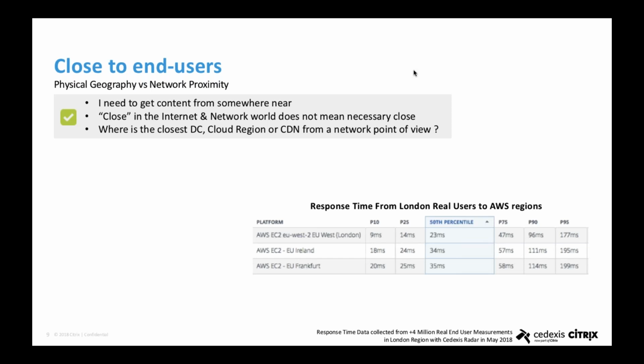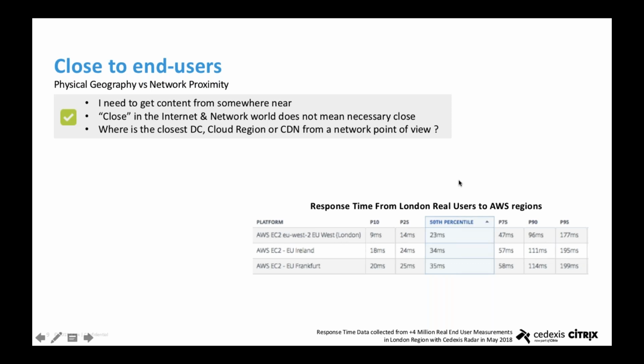This is based on real user data that measure the latency between end users in London, so all the ISPs in London are shared, and the latency to reach the different AWS regions. In that case, the London one, the Ireland one, and the Frankfurt one.